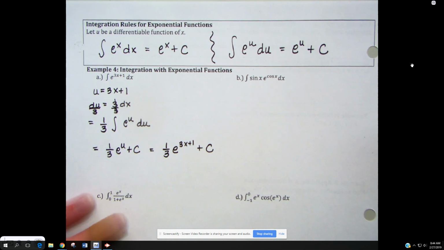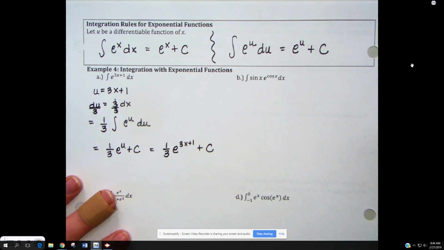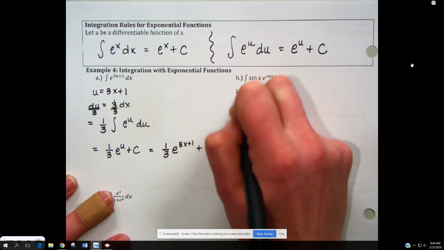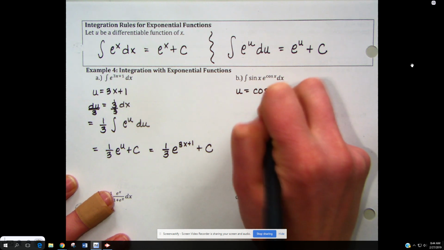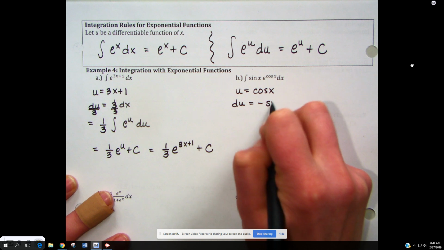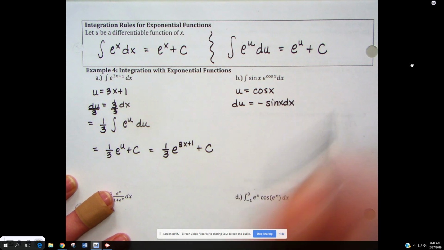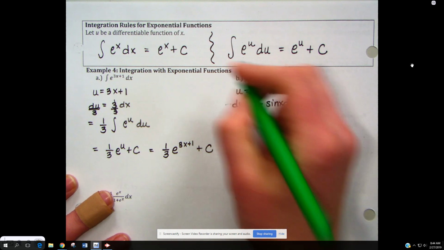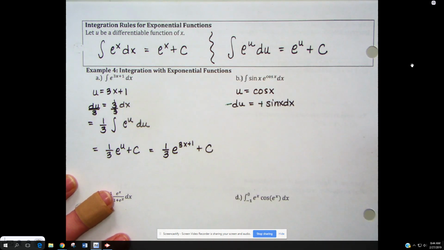B is very similar. In fact, if you want, take a moment, stop the video, and see if you can figure it out on your own. Okay, check your work. Did you let u be the cosine of x? If you did, then your derivative would be the negative sine of x times dx. And we're really, really close to having that, right? I have a positive sine, so we'll multiply through by -1.